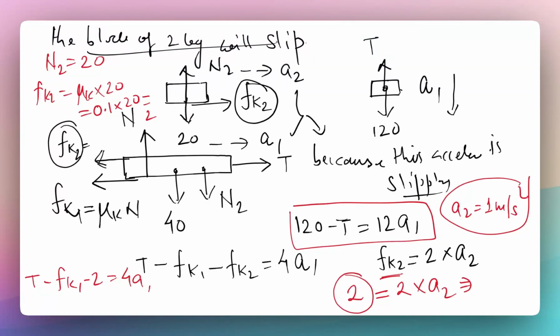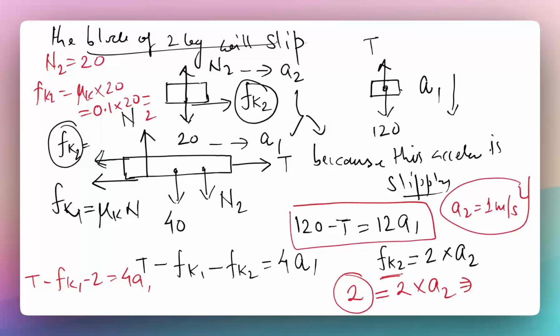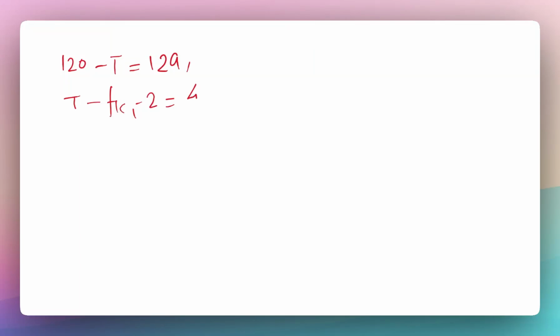So 120 minus T is equal to 12A1, and then T minus Fk1 minus 2, since Fk2 we have calculated to be 2, is equal to 4A1. Now we still have this one as a variable, so we have to find Fk1 first.